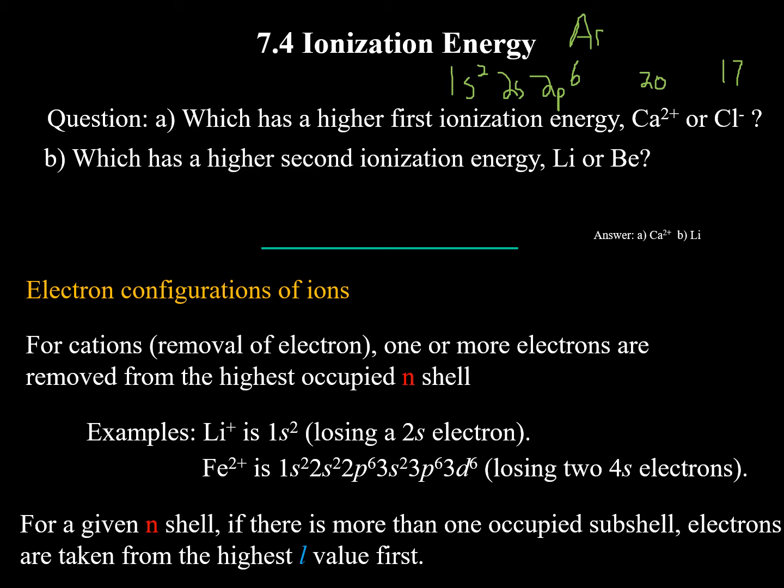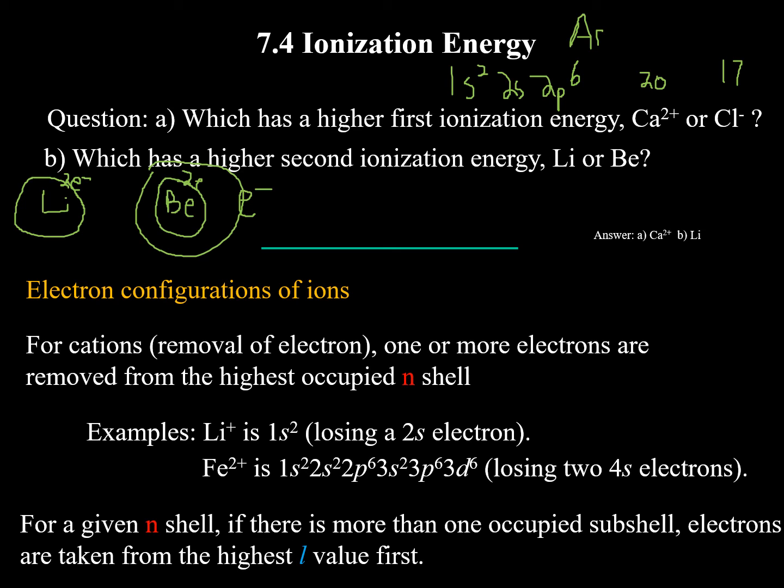Which has a higher second ionization energy? Lithium normally has 3 protons, so we remove 1 because the first ionization should remove 1, so therefore we have 2 electrons here, versus a beryllium, which normally has 4 protons, 4 electrons. We remove 1 of the electrons, therefore now we only have 3, so 2 on the first level and 1 on the outside.